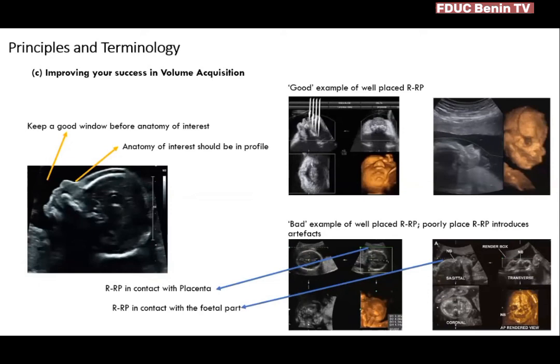The 2D image is the primary image for which the 3D volume set is being acquired and rendered. Four, we should try to maintain a window before the anatomy of interest. And in that window, we place our reference reconstruction plane. The reference reconstruction plane should not intersect with any other anatomy before our anatomy of interest.